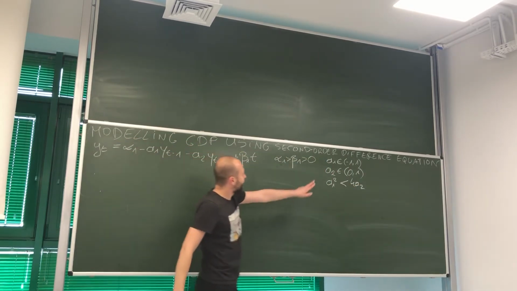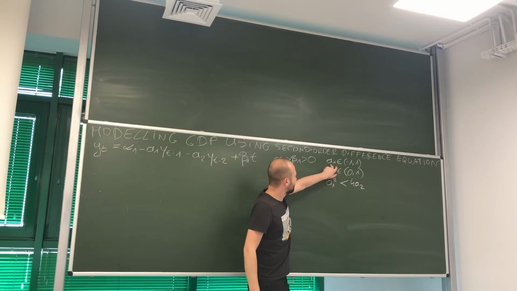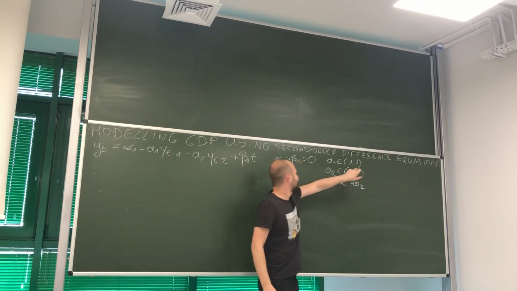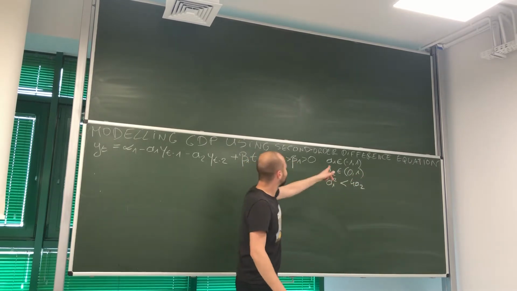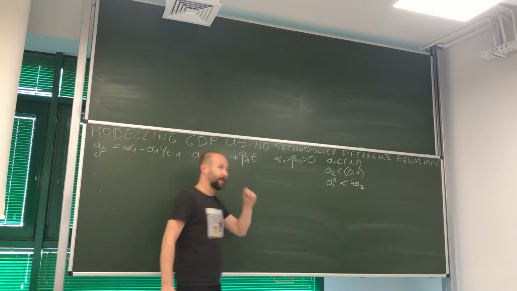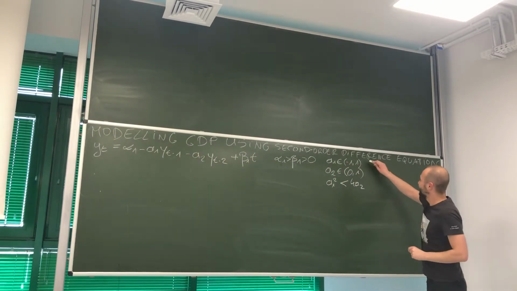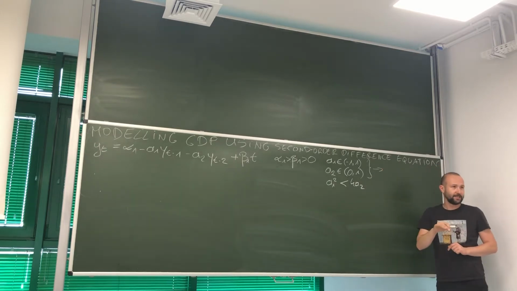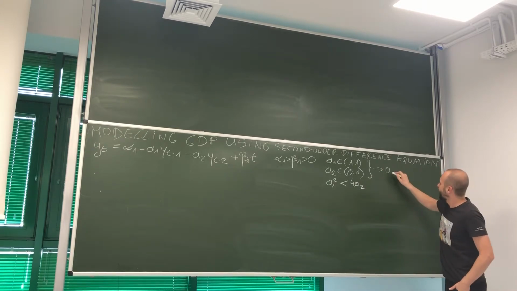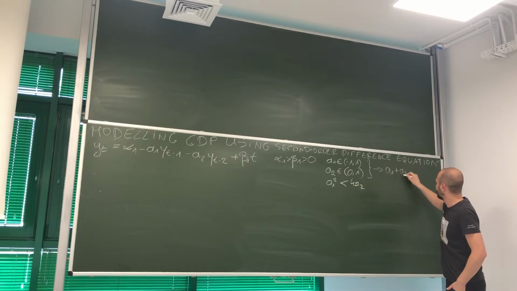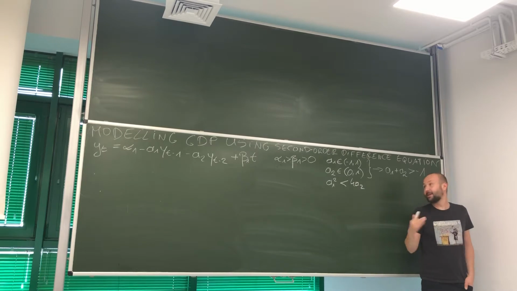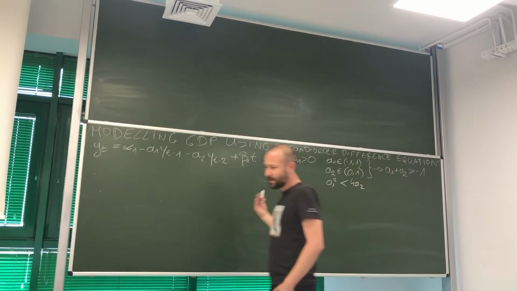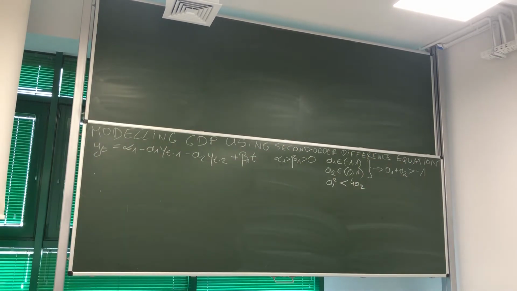We are assuming that a1 needs to be somewhere between -1 and 1, and a2 needs to be between 0 and 1. This might not seem that important, but you will see later that it is. Those two assumptions show us that a1 plus a2 is always bigger than -1. Again, this will come in handy a little bit later.